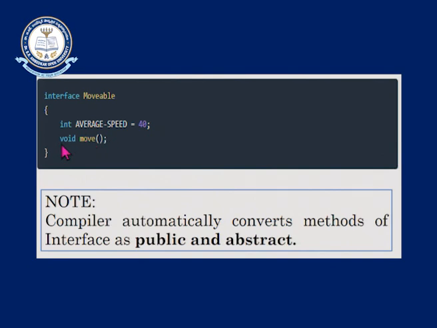An important point is that the method we write is by default public and abstract. Even though you are not specifying it explicitly, it is treated as public and abstract. Every method is an abstract method only. You are not supposed to write non-abstract methods. This is the concept of interfaces, right.